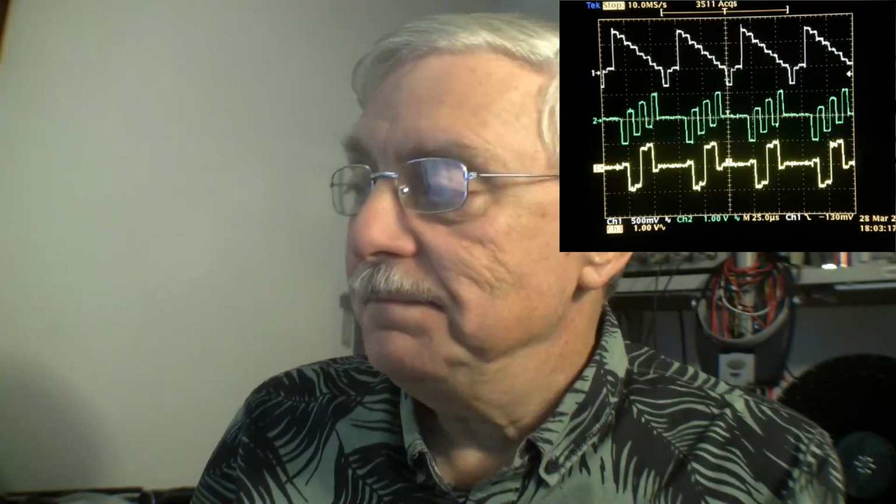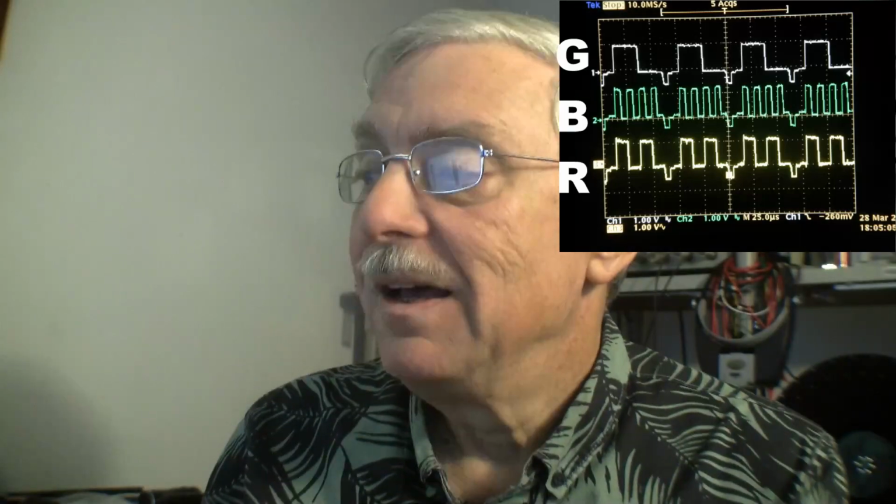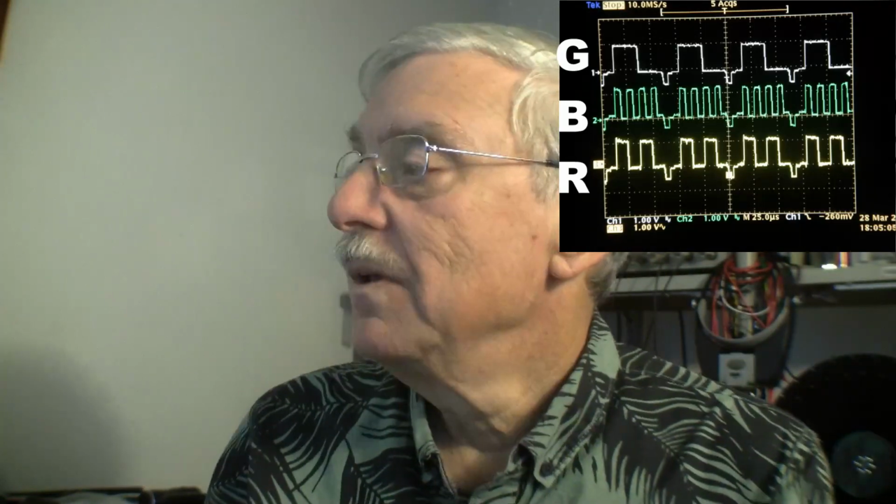And they look just like the drawing that I showed you. And then in the next scope shot, you see them as red, green, and blue waveforms. Again, derived in the real world.